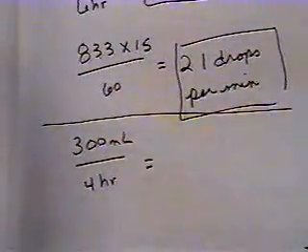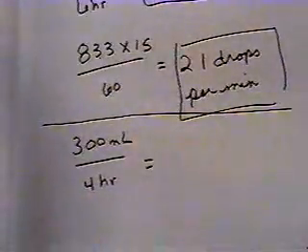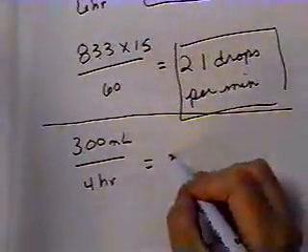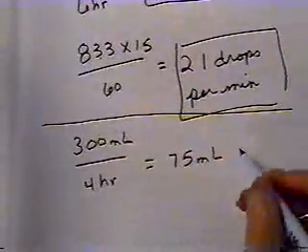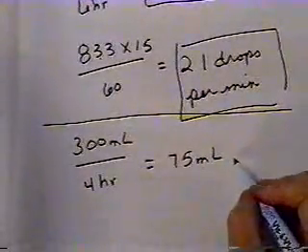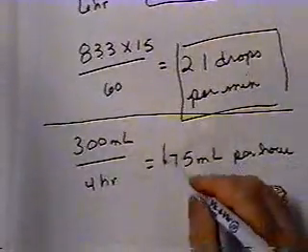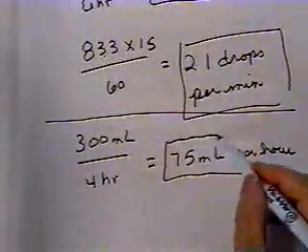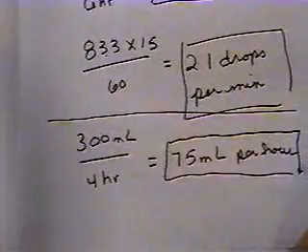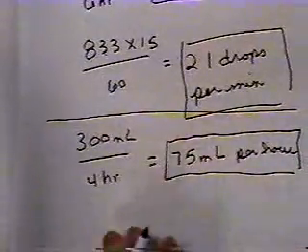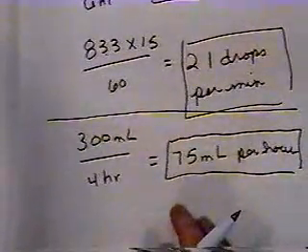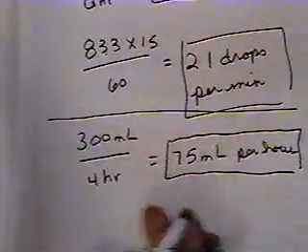Now I take the 300 divided by 4, and now I see it needs to be changed to 75 milliliters per hour. Sometimes because of rounding or sometimes just because of the weather conditions, some IVs will go a lot faster some days than other days.